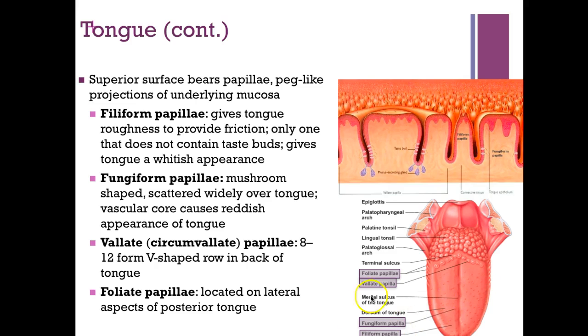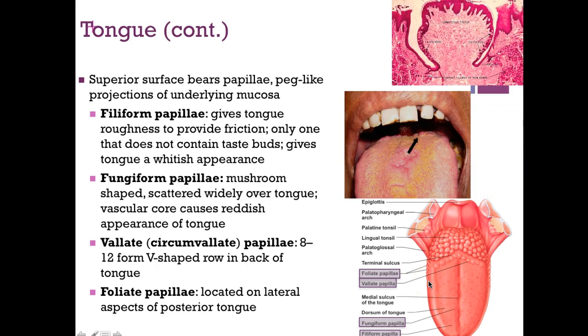Next, we have the vallate or the circumvallate papillae, and they look like big mushrooms to me, and you're going to have usually 8 to 12 of them that'll form this V shape on the back of the tongue. And then lastly, we have your foliate papillae, and this will be found on the lateral aspects of the posterior tongue.